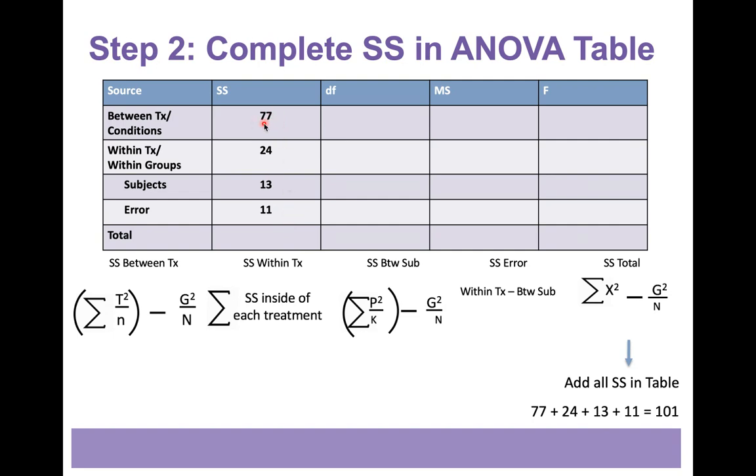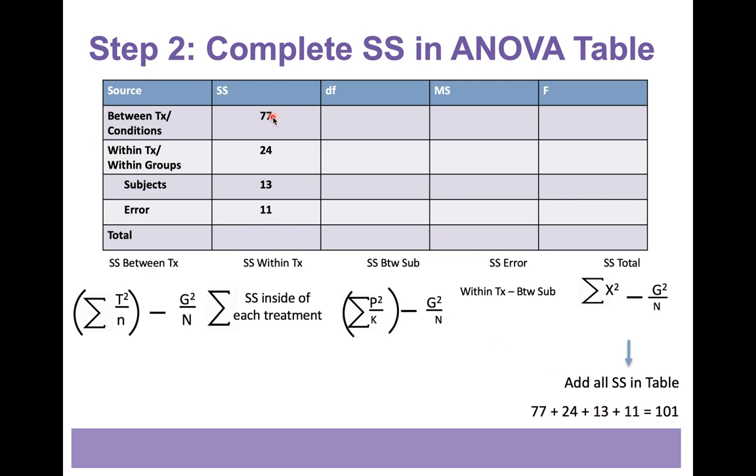What we want to do is add up the sum of squares between, which is 77, plus our within groups sum of squares, which was 24. 77 plus 24 does give us 101. So this number is correct. I just accidentally added in plus 13 and plus 11, right?